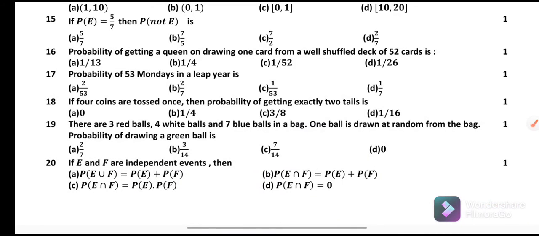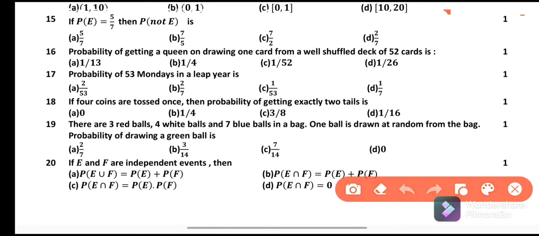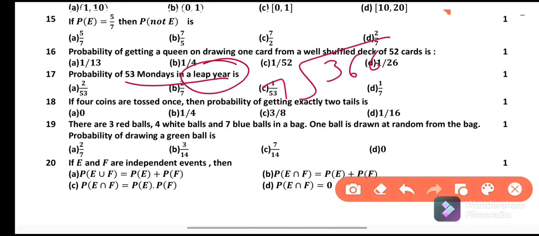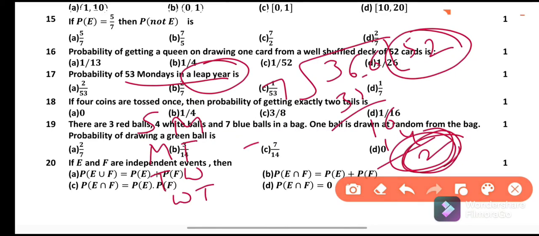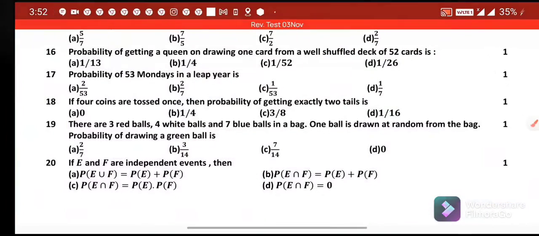Next question, the probability of 53 Mondays in a leap year. Now in a leap year there are 366 days. Now divide this by 7. 52 weeks are complete weeks and 2 days are left, that is the 2 days are either Sunday Monday, Monday Tuesday, Tuesday Wednesday, Wednesday Thursday, Thursday Friday, Friday Saturday, or Saturday Sunday.